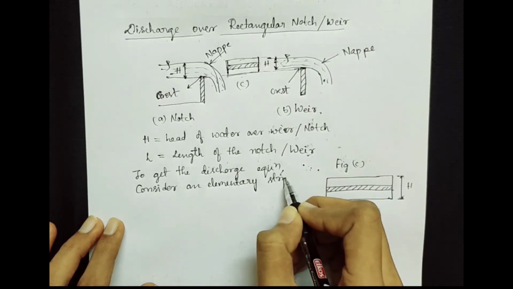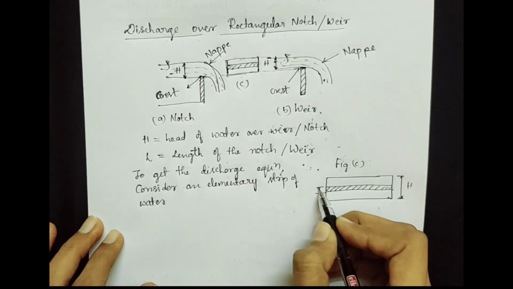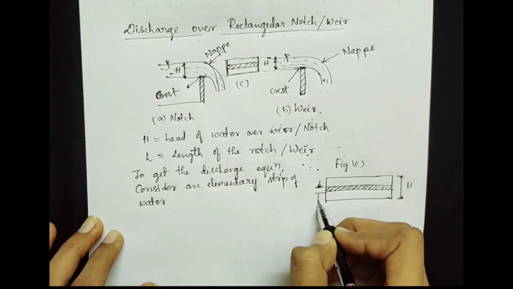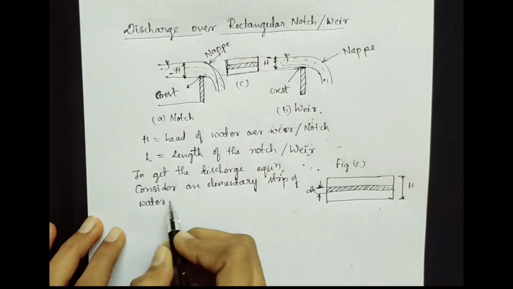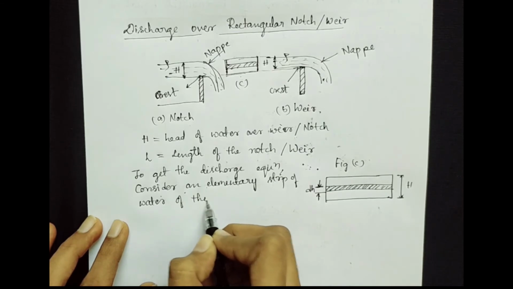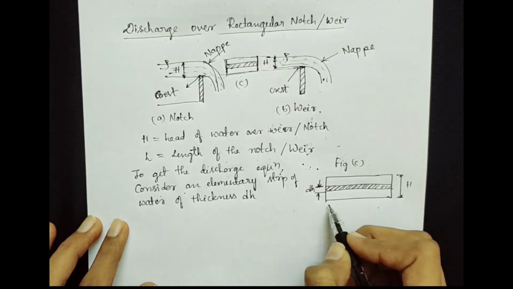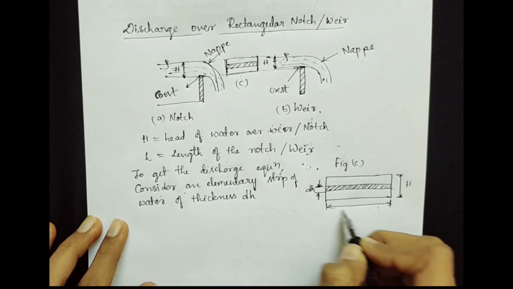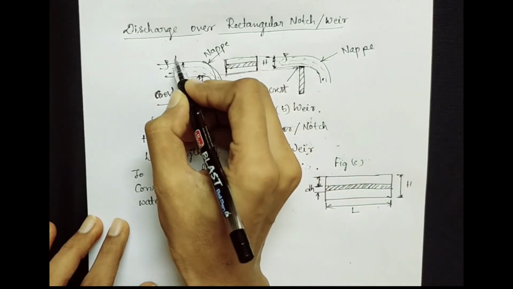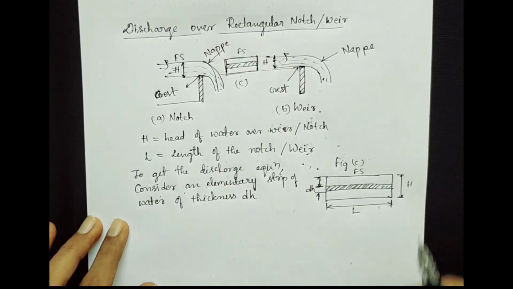That elementary strip is this portion I have shown with the hatched portion, which has a thickness of dH, as you see in the figure, and a length L. This top surface will be the free surface.